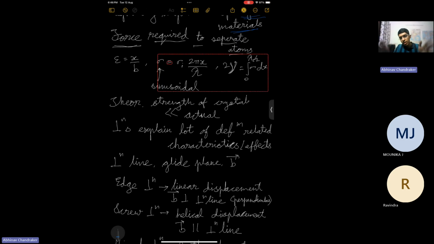So breaking and making of bonds happens simultaneously, and as it happens over the material, one particular plane of atoms is in a way able to move from one end of the material to another, and once it reaches the surface, it causes a step on the surface, and that is considered as a strain or a plastic deformation.